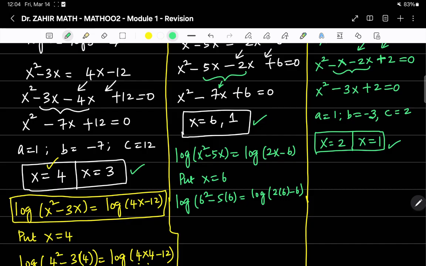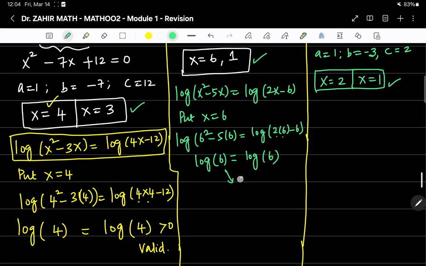So 6 square is 36, 36 minus 30, which is going to become log 6, equals log of 2 times 6 is 12, 12 minus 6 is 6. Of course, this is a defined one. So your answer x is equal to 6 is okay.